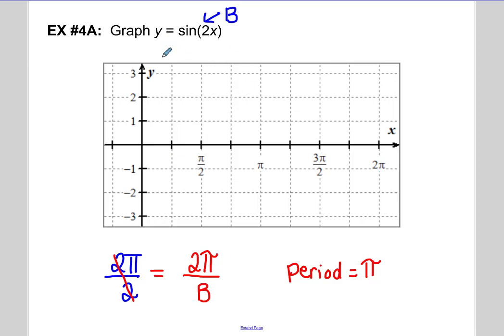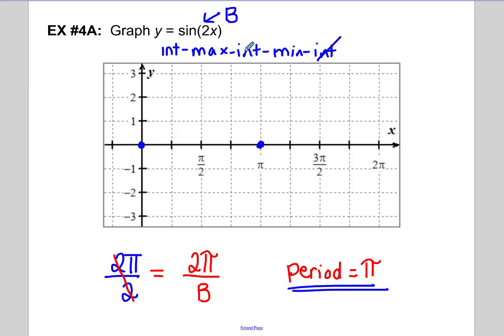So if sine is intercept, max, intercept, min, intercept, we have to start at 0 with an intercept, and we have to finish that first cycle with an intercept, but it has to be finished in half the distance, in pi radians.